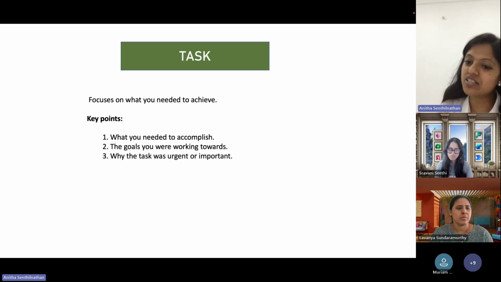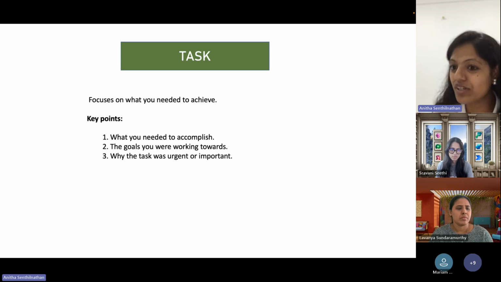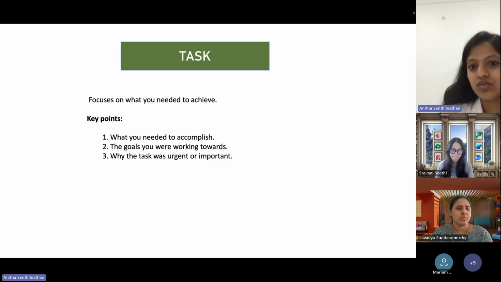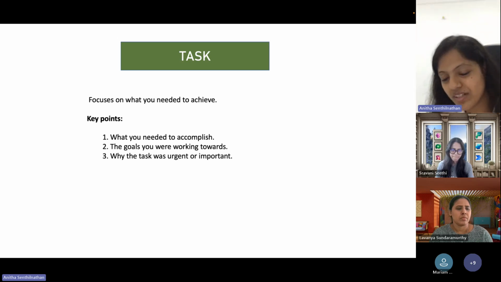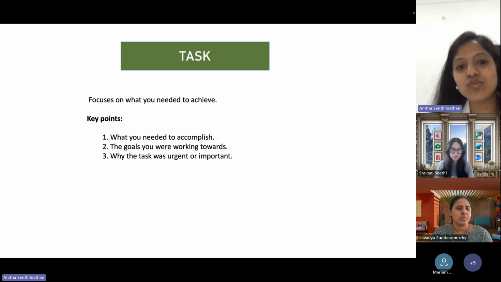This creates urgency, and people hearing the story will want to know what happened next. So the stage has been set and the task has been defined, and next we will move to the action items.